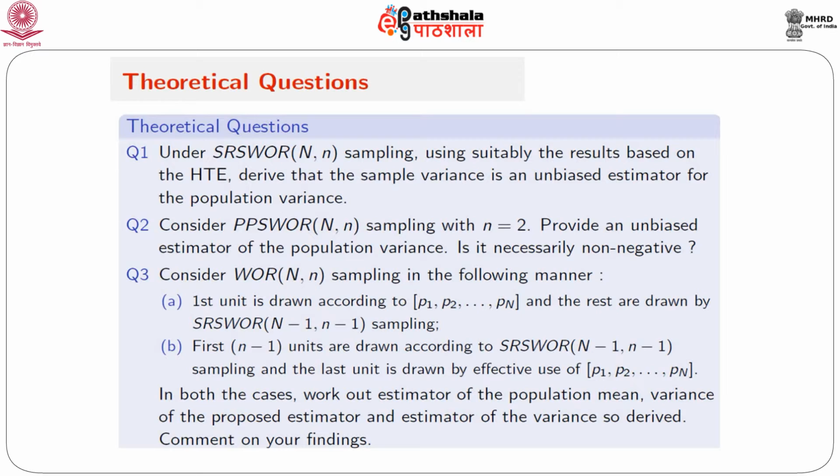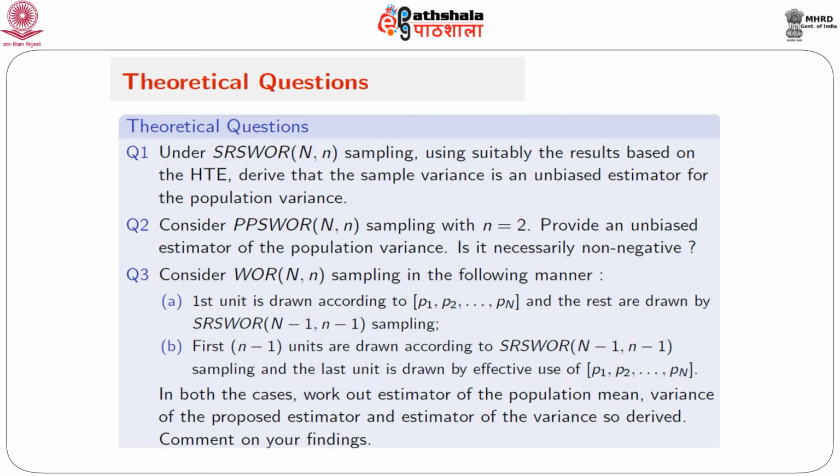The derivation that you are supposed to make is already built in here. It says using the results of the Hurwitz-Thompson estimator. So the Hurwitz-Thompson estimator of the population mean has an expression for the variance, and that variance estimator is also there, and all these things are built in.